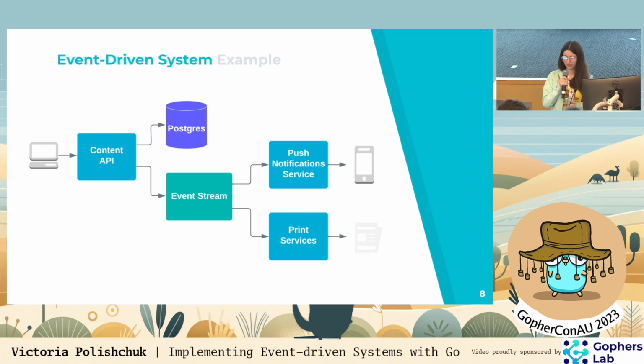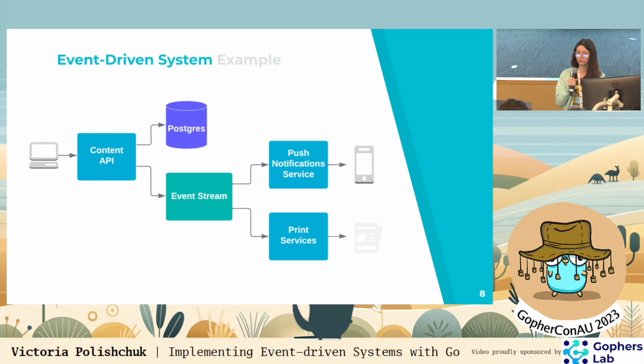So let's take, for example, an author who wants to publish an article. An author would log in the browser, write an article, click a button, publish, and we will receive that request in the backend in our content API. From that point, we want to write the data we received into the database. In this example, we use Postgres.